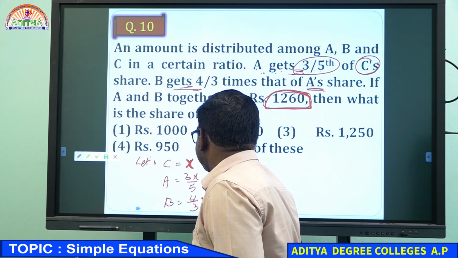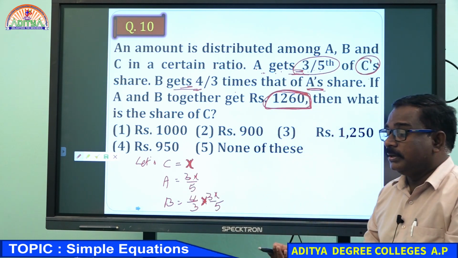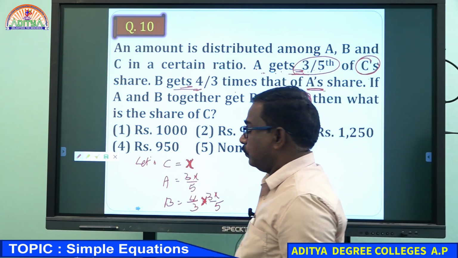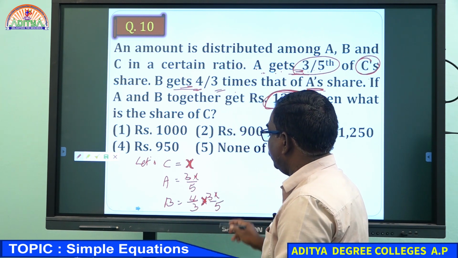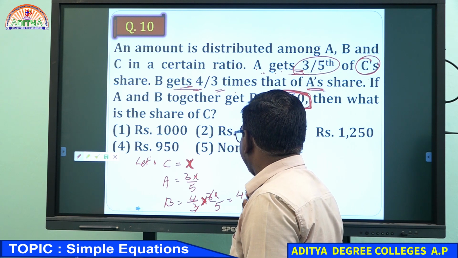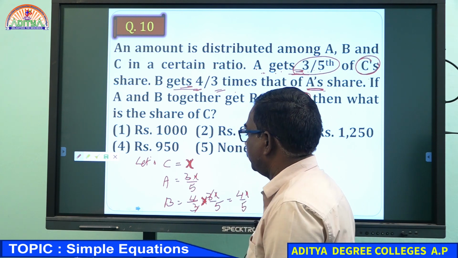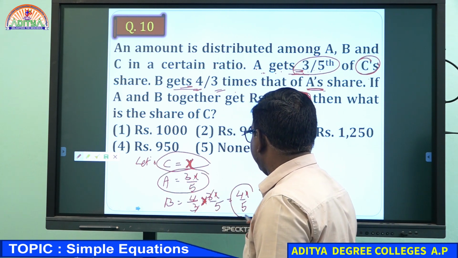Times means 2 times is into 2, 3 times is into 3, 4 times is into 4. So it is 4 by 3 into 3x by 5, and the 3s will be cancelled. It means 4x by 5. This is B's share. This is C, this is A and this is B.